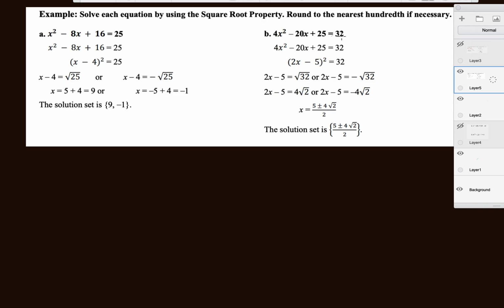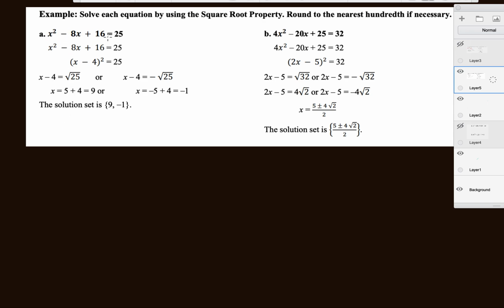If we're lucky enough and we can get to a point where we have perfect squares on both sides, or at least a perfect square in our quadratic, we are going to be good to go.